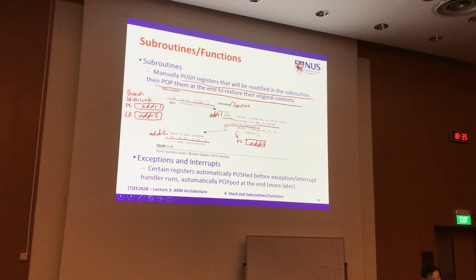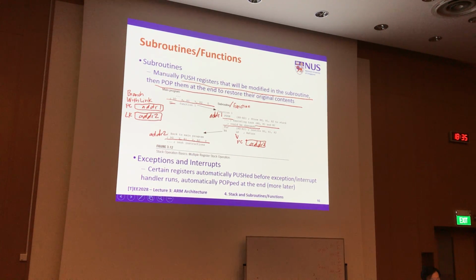Right? So we actually need you to understand this mechanism and the role of R14 in here. Now, of course, the more complicated case is over here. You go and do another BL, right? Nested subroutine. If you do another BL, then one of those addresses will overwrite this value in LR, right?